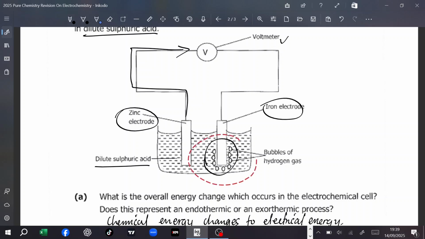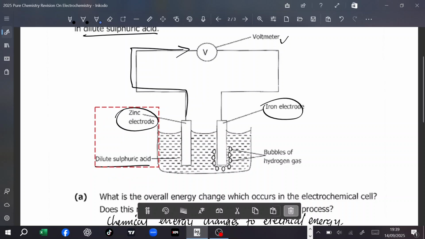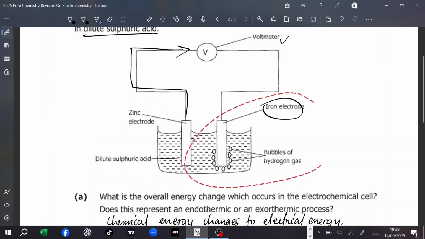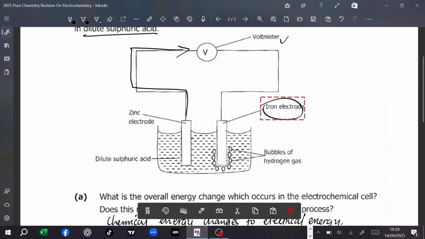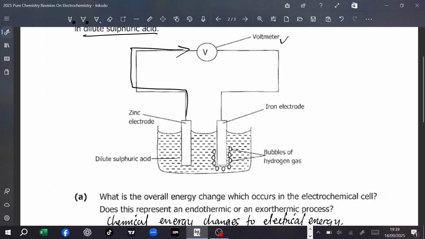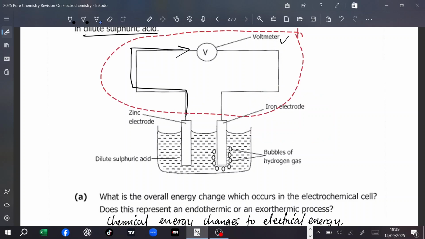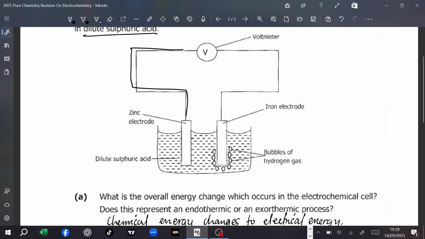But what happens here is this. During an electrochemical reaction, it's a spontaneous reaction because it is not caused by any external factors, but just by the difference in electrochemical potentials.